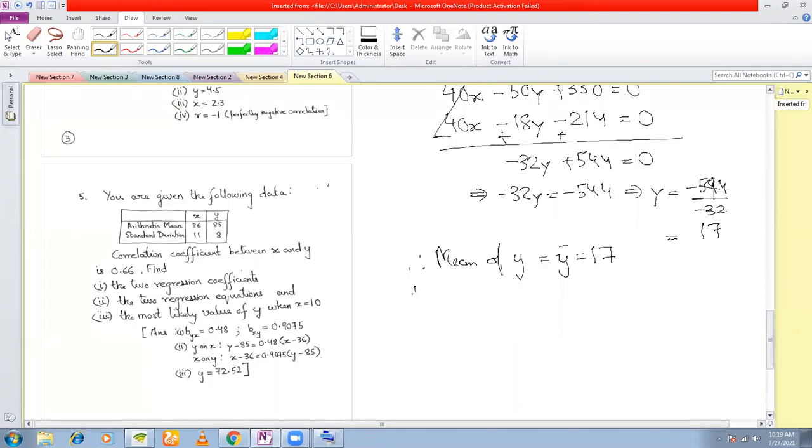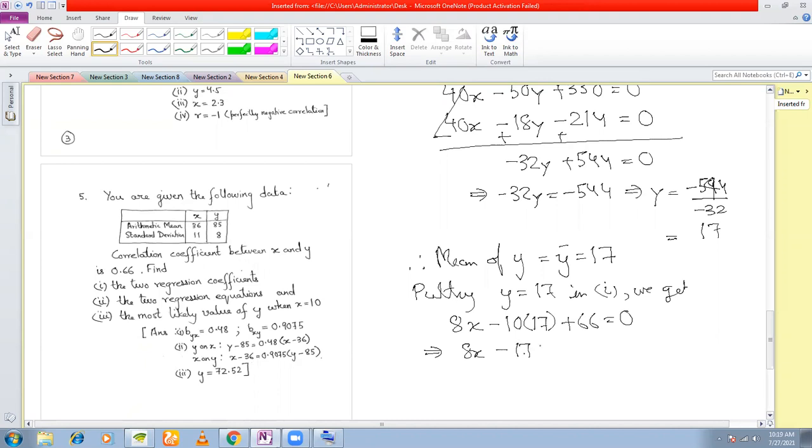Now you want to get the value of x. Put y is equal to 17. Let us put it in 1. We get 8x minus 10 into y plus 66 is equal to 0. Means you get 8x minus 170 plus 66 is equal to 0.